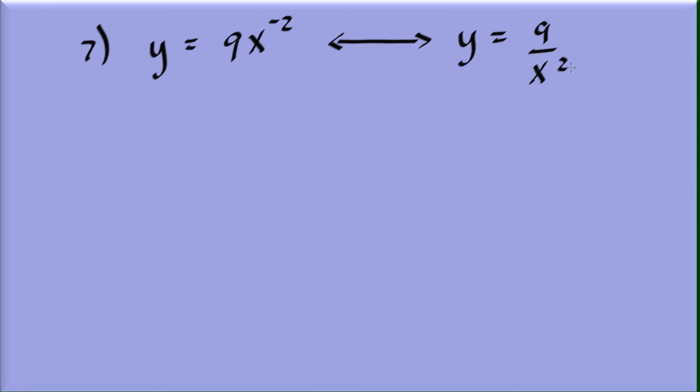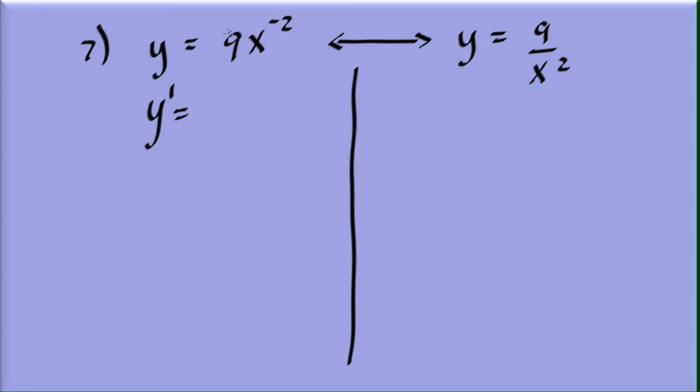Let's look at number 7. Say y is equal to 9x to the negative 2. Now this is equivalent to 9 over x squared, okay? Now let's compare the process of differentiating the 9x to the negative 2 using the power rule.